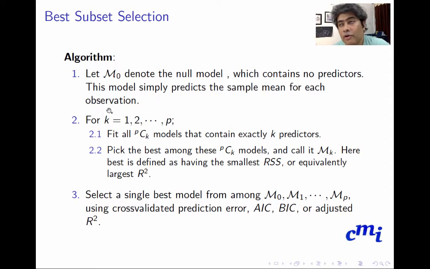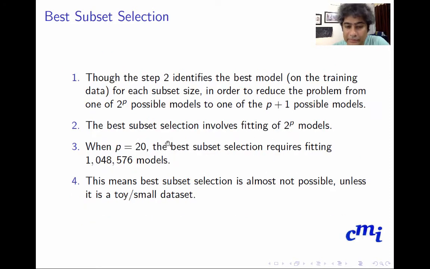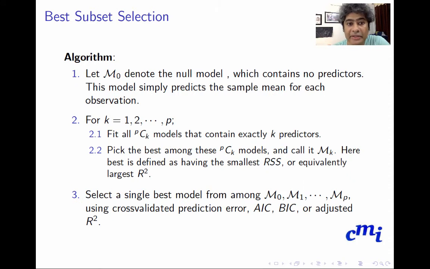That will be predicted for all the observations. For k equal to 1, 2, ..., p, fit all p choose k models that contain exactly k predictors. Then you pick the best among these p choose k models and call it Mk. That model is the best model among all possible models which contain k predictors.